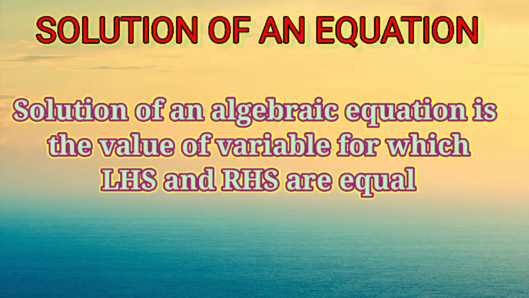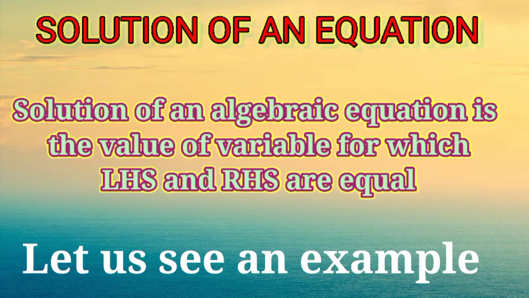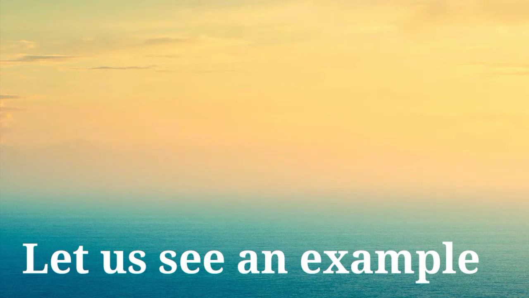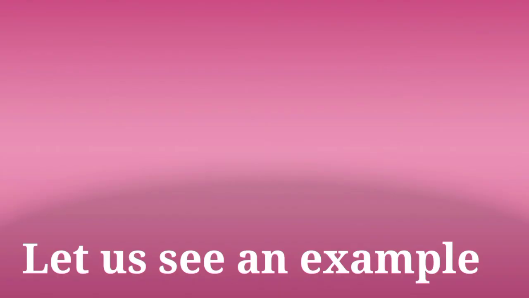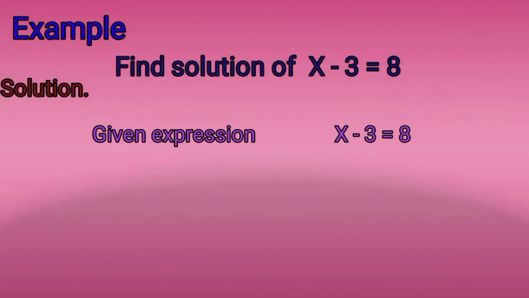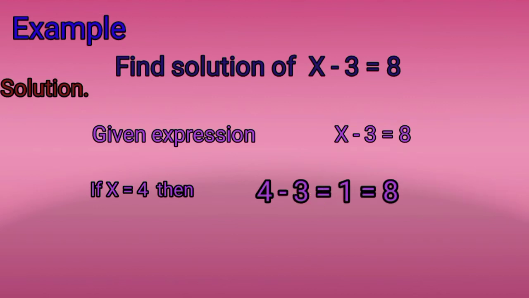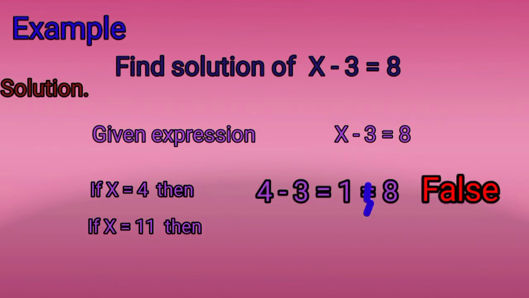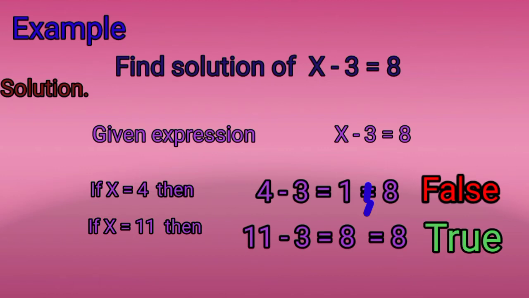Solution of an equation. The solution of an algebraic equation is the value of the variable for which LHS and RHS are equal. Let us see an example. Example: find the solution of x minus 3 equal to 8. Given equation x minus 3 equal to 8, where x minus 3 is the LHS and 8 is the RHS.